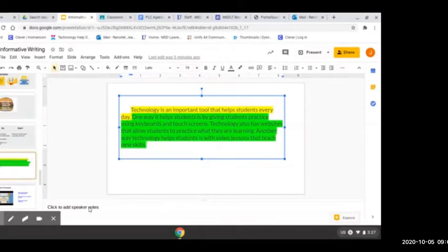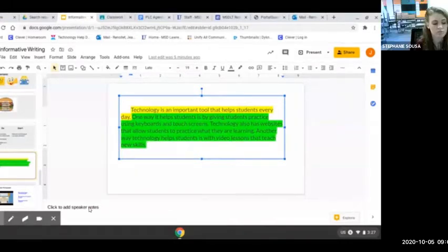What could we say for a conclusion? Well, I know that I need to talk about technology in my conclusion sentence. And I see the word helps. I know that technology helps students. Maybe I can use the word supports. Technology supports students.